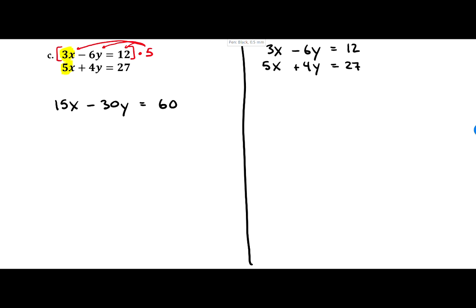And if we multiply that second equation by 3, that will give us also 15x, but they'll both be positive, so let's multiply by a negative 3.